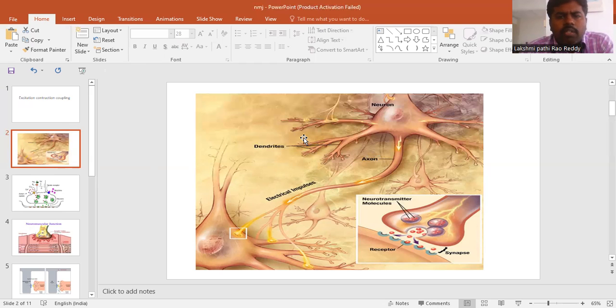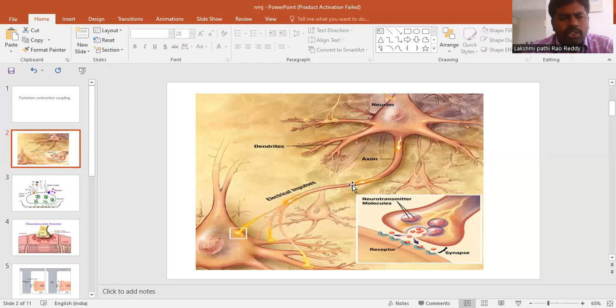So here, the nerve fiber is stimulated when a threshold stimulus is applied to any single nerve fiber, and then it is activated. That means the action potential is generated within the nerve fiber, and the action potential travels throughout the axon.